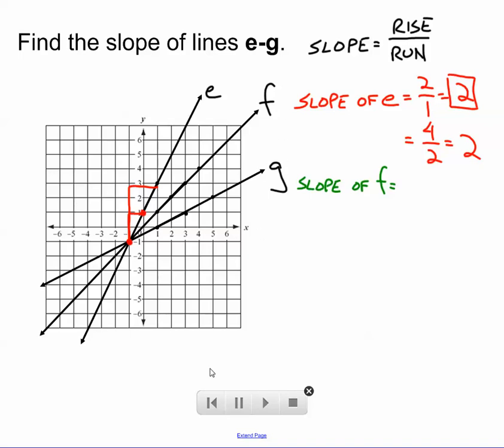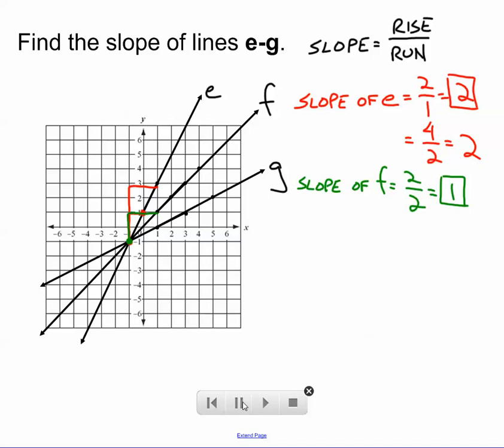Okay, so now let's look at line F here. I'll do it in green. Starting at this point, up 1 over 2, or I'm sorry, up 2 over 2. It's a little bit tougher to see. It went up 2 over 2. 2 over 2 is 1, so the slope is 1. Okay?